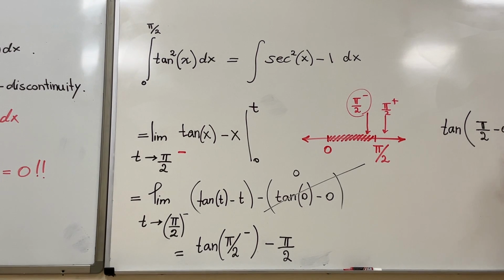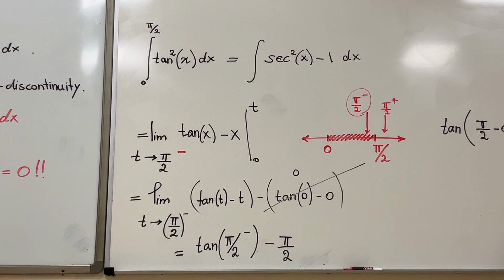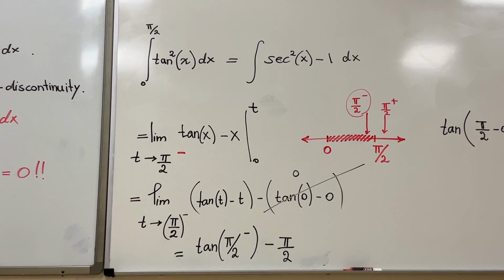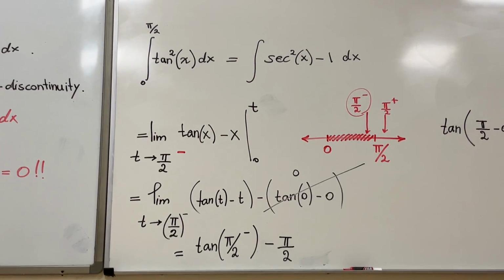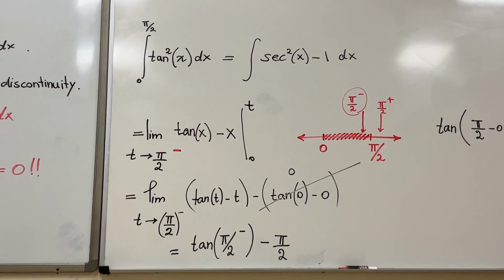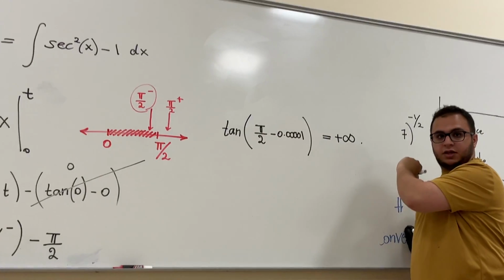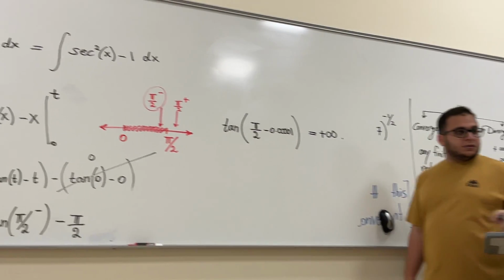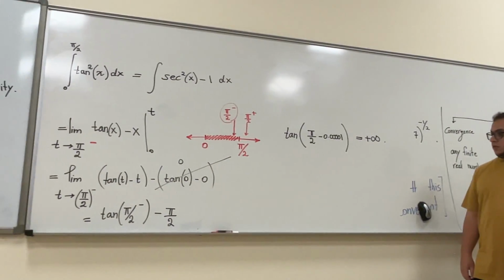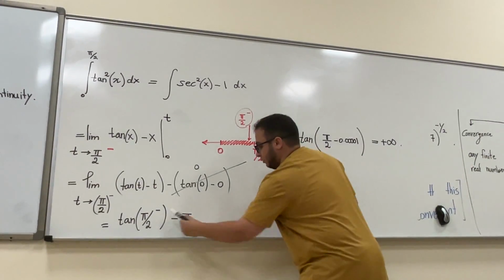How much is this number? 100,000. Good. So where is this going? It's infinity, positive. So this is positive infinity.